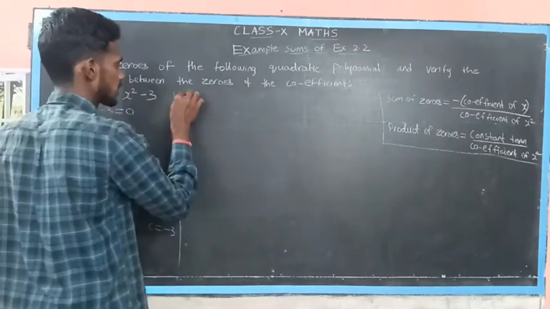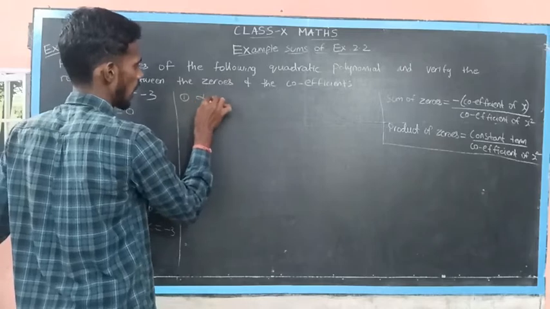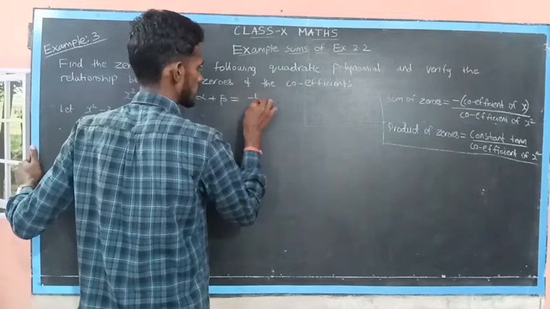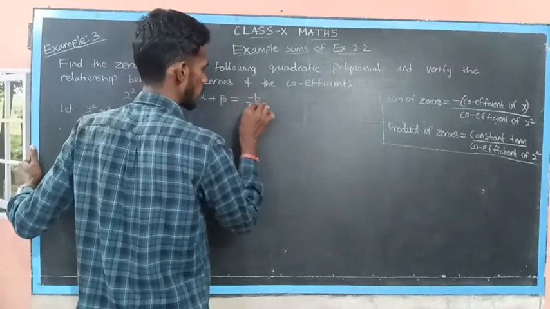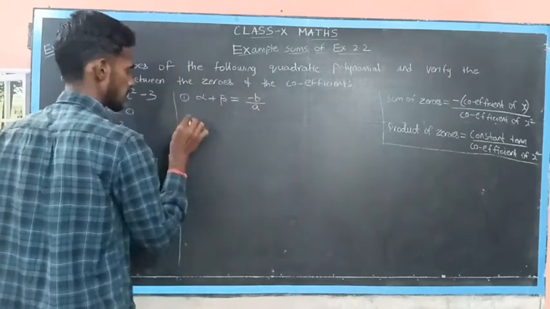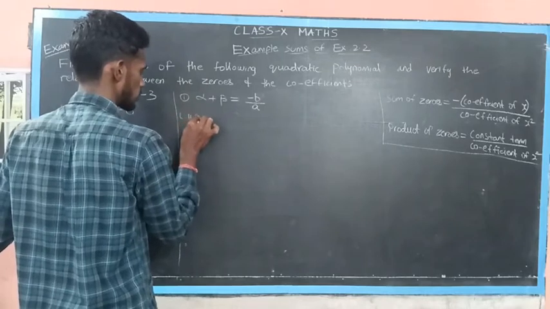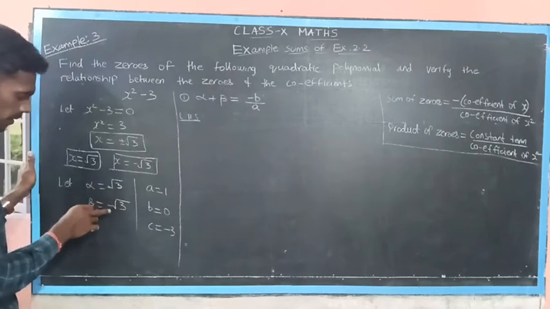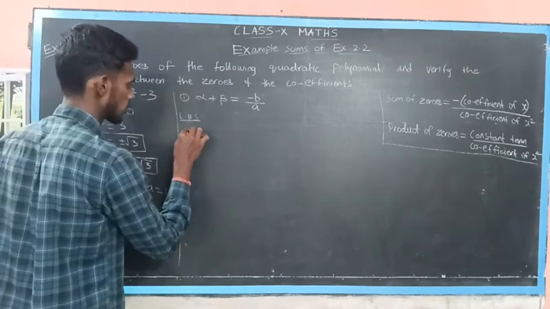The first condition, sum of the zeros, that is alpha plus beta is equal to minus coefficient of x, it is minus b by coefficient of x square, which is a. Then let us substitute the values. LHS, alpha plus beta, that is root 3 plus of minus root 3.